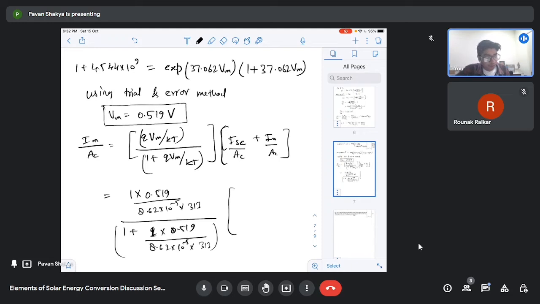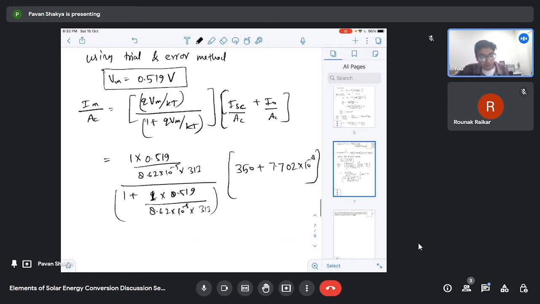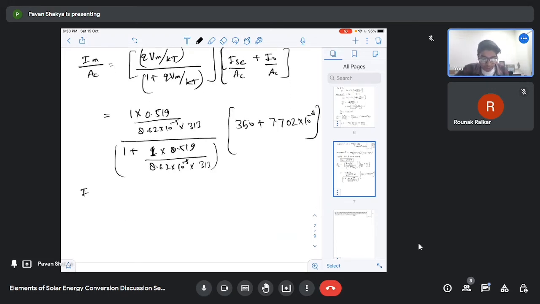We have the value for this ISC by AC, that is 350. Also we have the value for this I naught divided by this AC, that is 7.702 into 10 to the power minus 8. Okay, so when you solve this, you can find that this Im by AC will come out as 332.7 ampere per meter square.